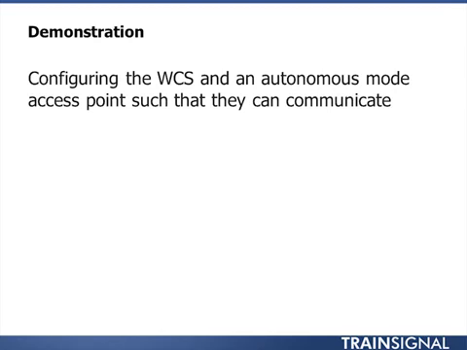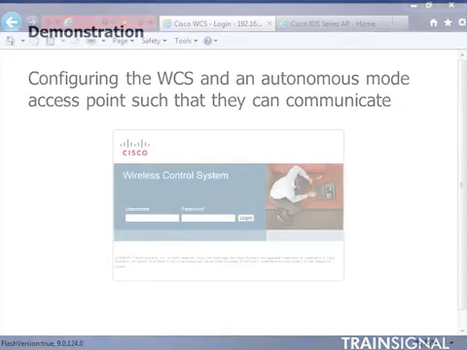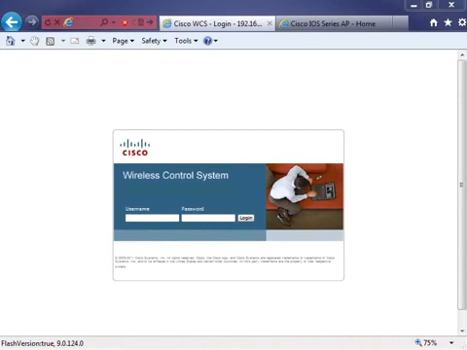And so I need to enable SNMP on the access point, and then I need to give all the information about the access point to the wireless control system, and then they'll begin to communicate, and then I can start managing and monitoring and configuring that autonomous access point from the wireless control system. So in this demonstration, I want to show you how to bring up an autonomous mode access point.